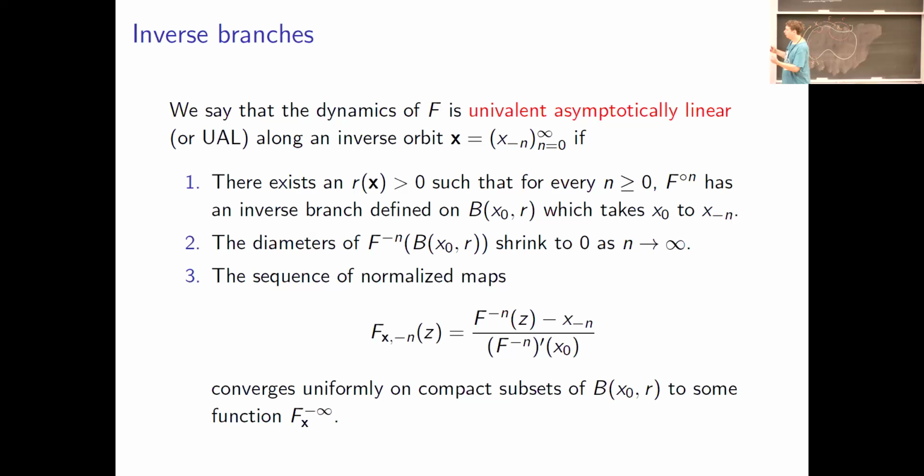So the sequence of maps has some rescaling limit, for which I use this notation. I'm just happy I could put something to the power minus infinity. So some people may be upset at this notation, but I love it.